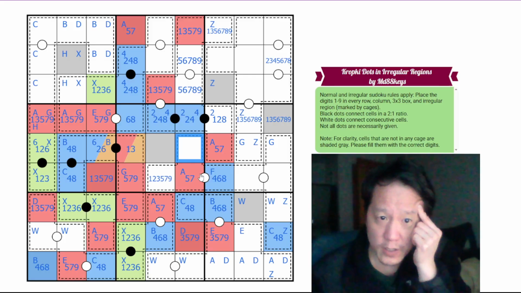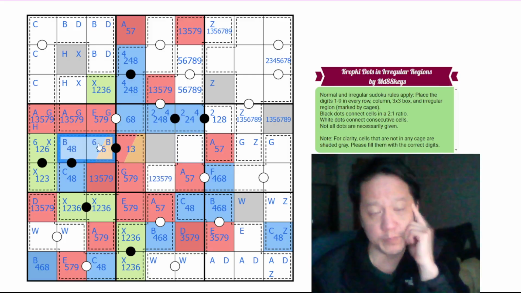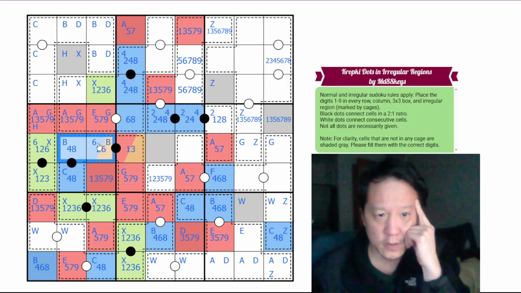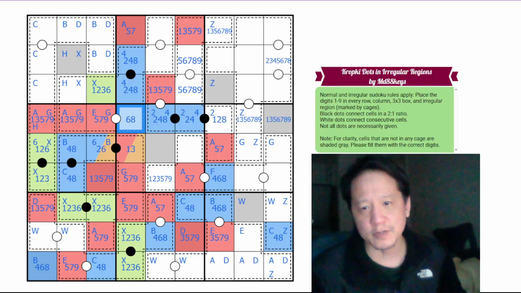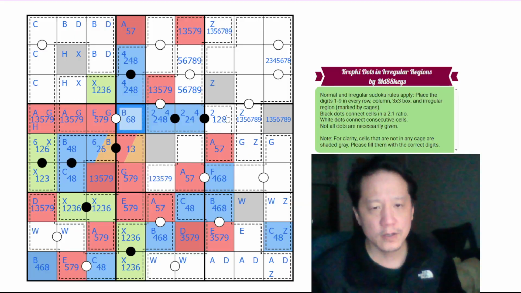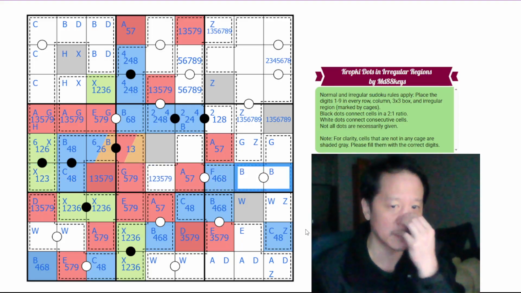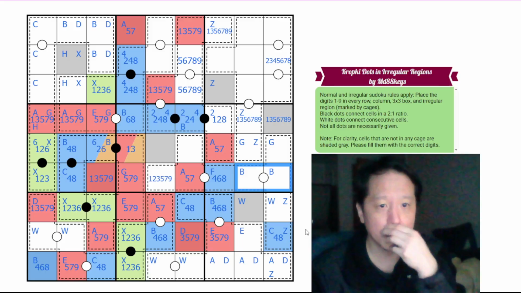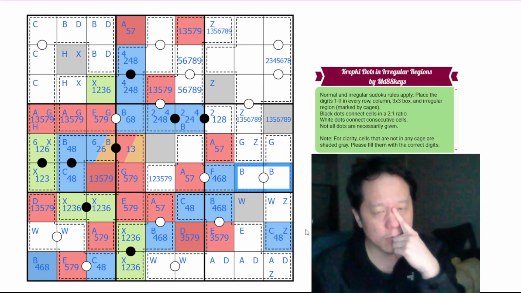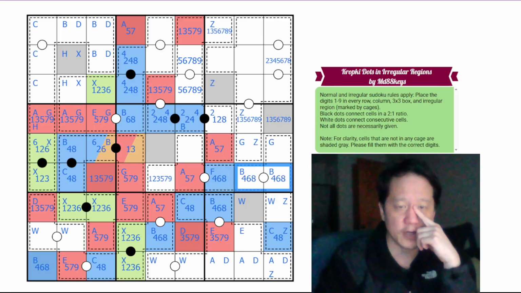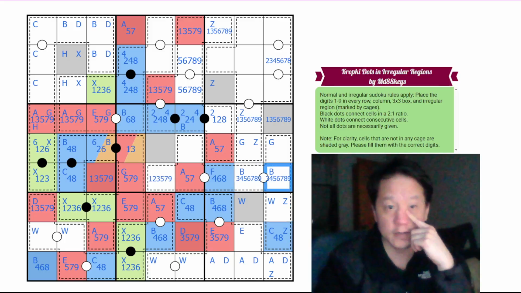Oh, cannot be here, because one of these two is B. So B cannot be here, B cannot be here. B has to be one of these two. Which means where's B in row 6? Can't be here because of B's in the boxes. Can't be here, so B has to be here. Okay, so this is 4, 6, and 8, which is consecutive with 3, 5, 7, 9.